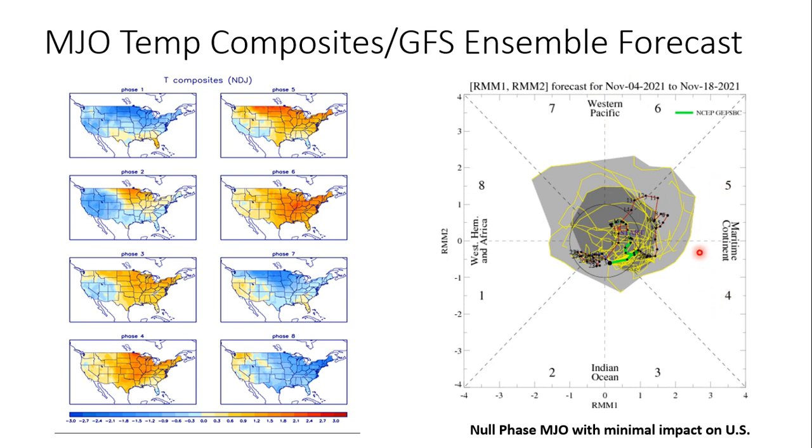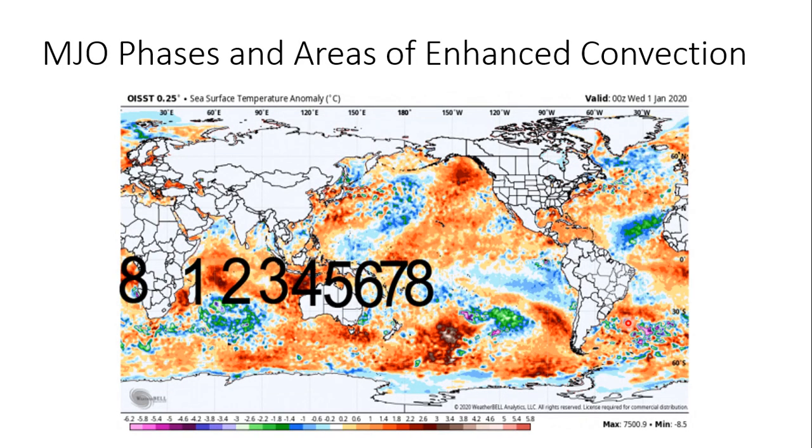Phases 4 and 5 are associated with convection over the maritime continent. And if we have the MJO in phases 2 or 3, that equates to upward vertical motion and convection across the Indian Ocean. So that all corresponds to these particular numbers and where that enhanced upward vertical motion and convection is occurring.